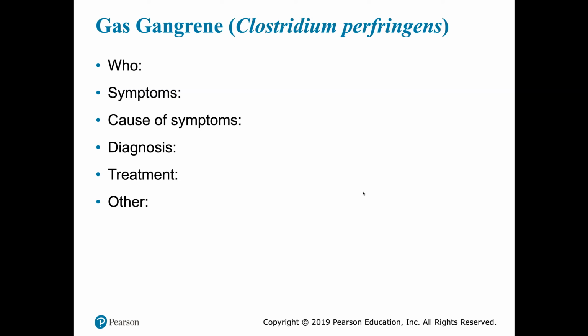So they'll scrape out the dead tissue, flush it, then scrape some more and flush more, and at the end sometimes they can actually flush it with an antibiotic as well. But usually you're going to give IV antibiotics. So debridement, antibiotics.